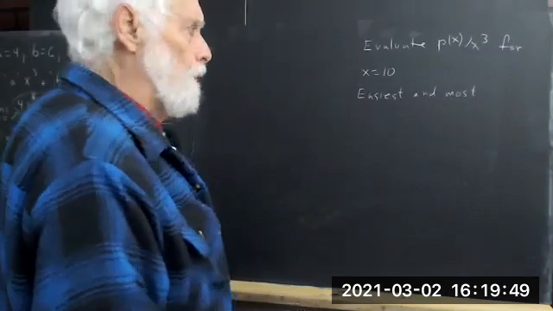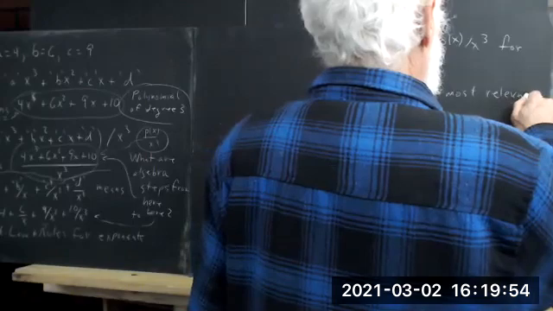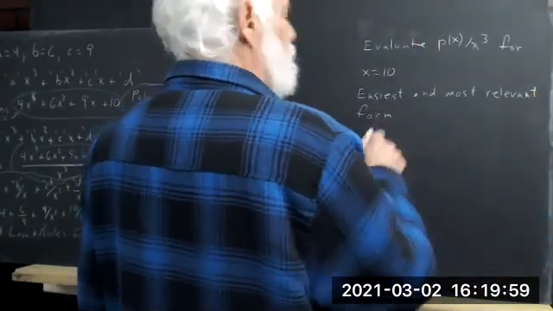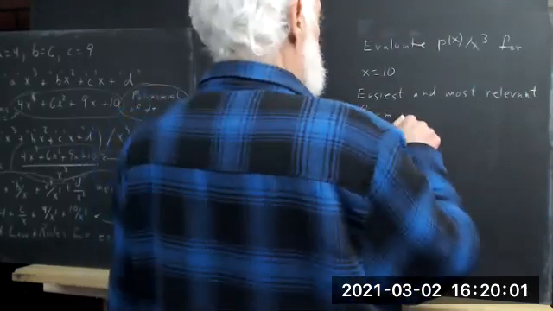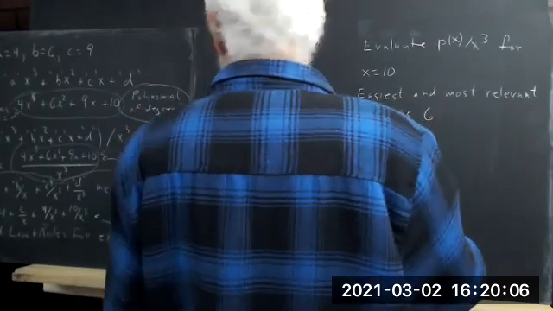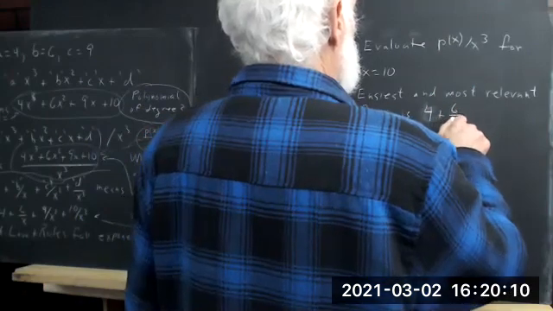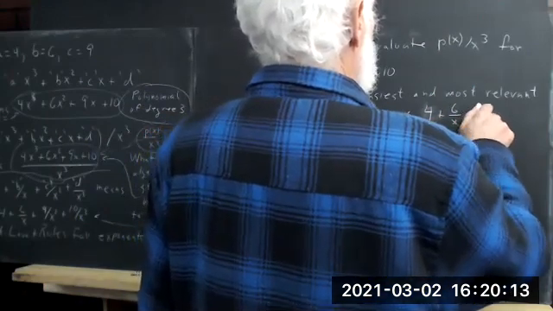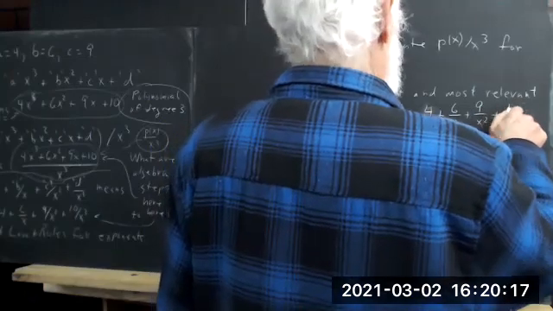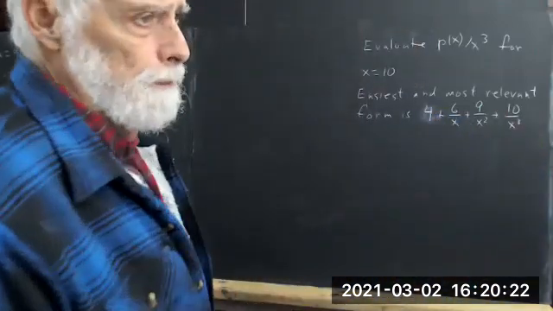the most relevant form for what's coming, which is 4 plus 6 over X plus 9 over X squared plus 10 over X cubed.